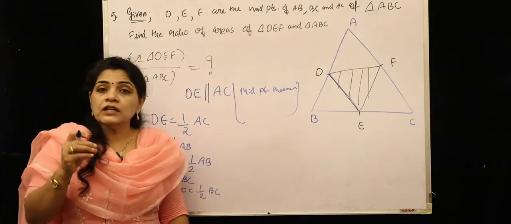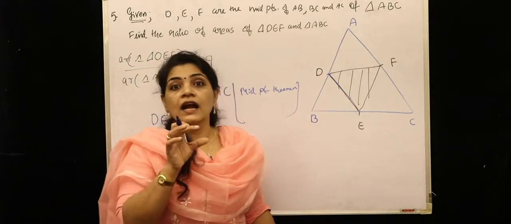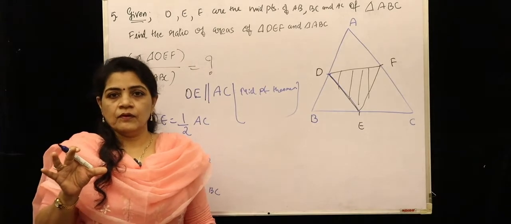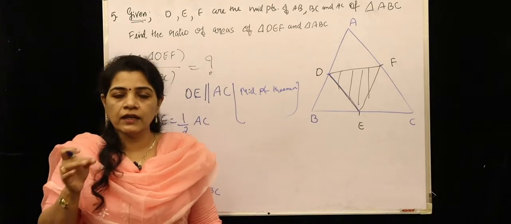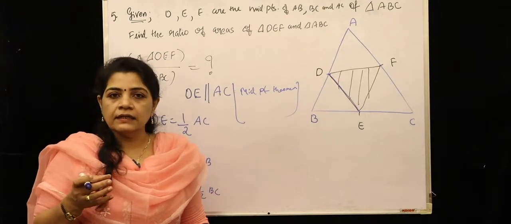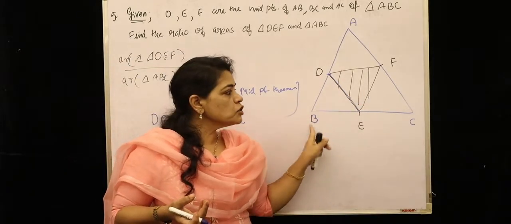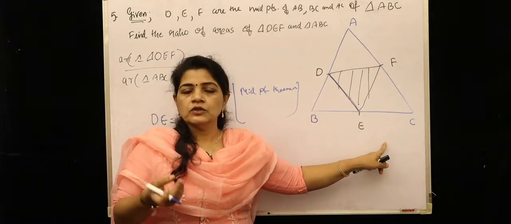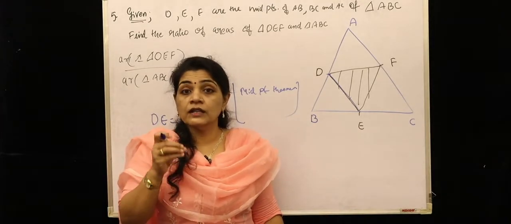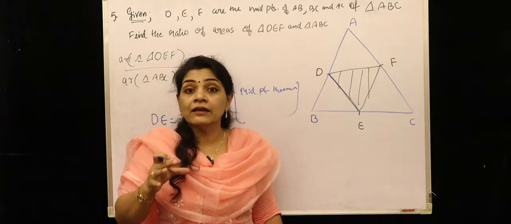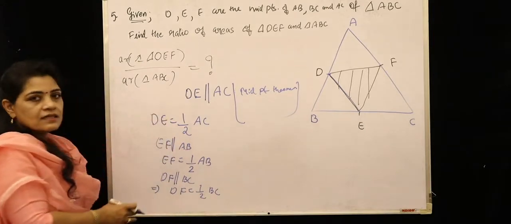If we can show that triangle DEF is similar to triangle ABC, surely we can apply the area ratio theorem. So what is our aim? We are now going to show that triangle DEF is similar to triangle ABC. For that we are taking these results.